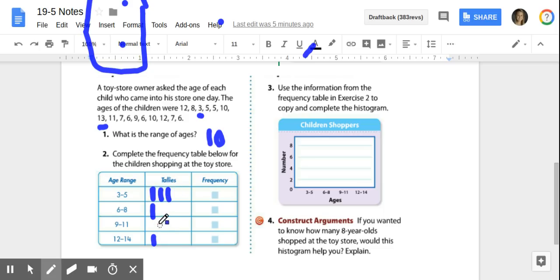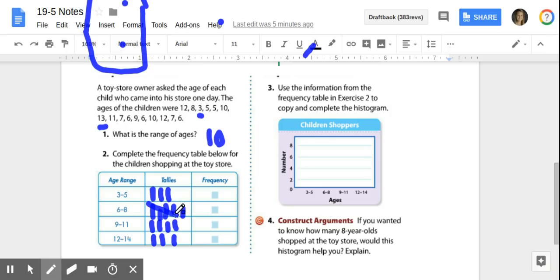A 10, 13, 11, 7, 6, 9, another 6, 10, 12, 7, and 6. I guess I should have gone this way.